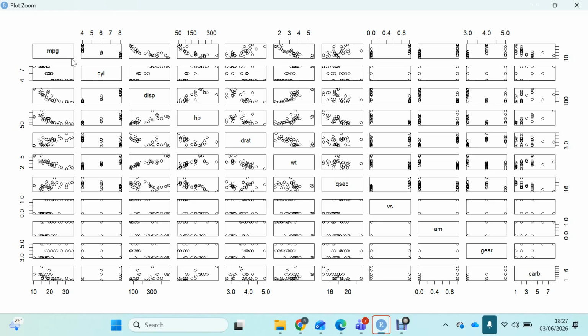The more the correlation between it, the more the likelihood that that variable will predict MPG quite well. If you look at MPG, let's say from here, the first column, which variable is heavily related to MPG?